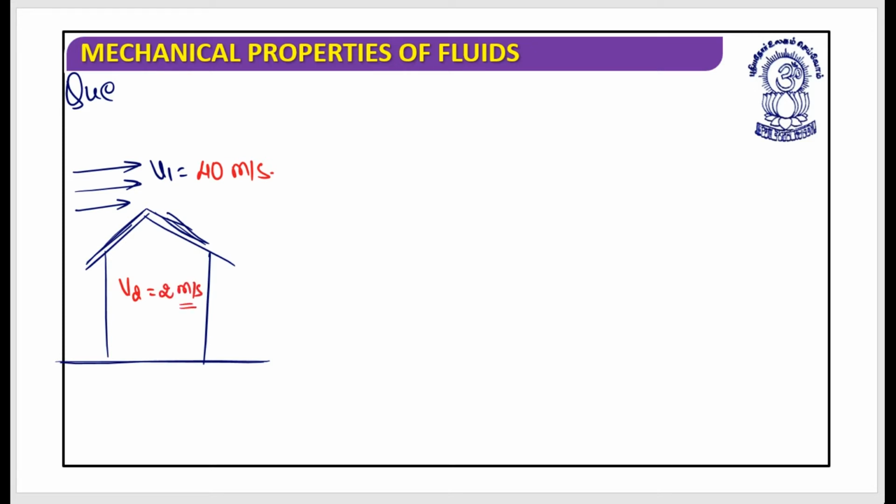Let's suppose the density of air is 2 kg per meter cube.